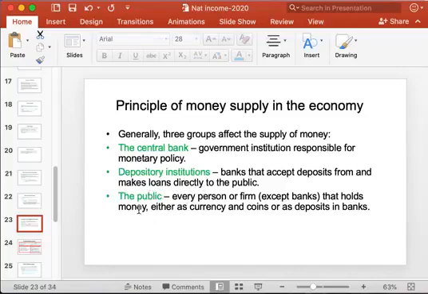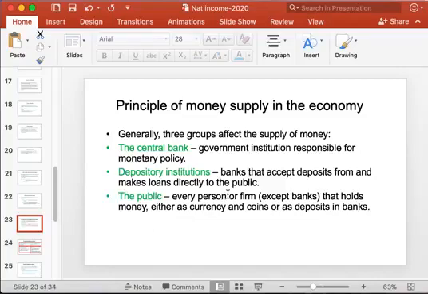Another group that affects the supply of money in the economy is the general public. So every person or firm except the banks that holds money either in the form of currency or in the form of deposits in the banks.